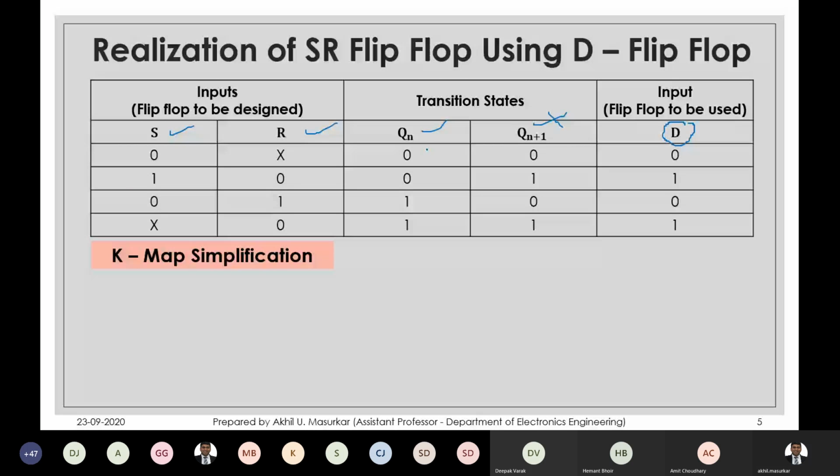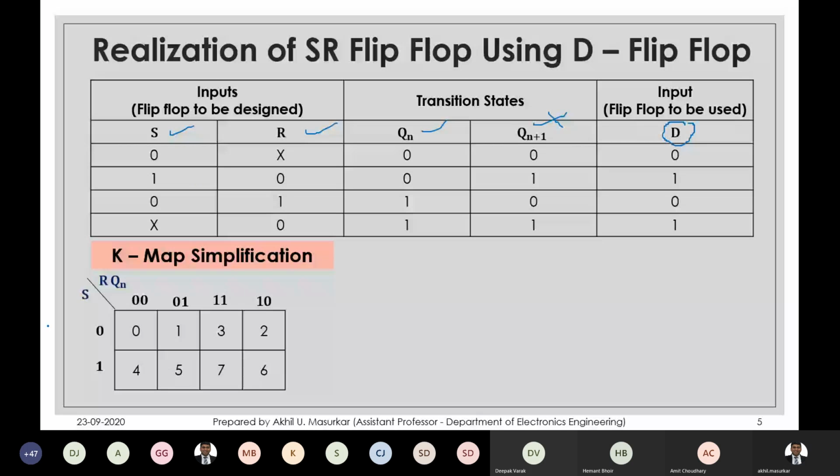Since there are 3 variables, S, R and Qn, I will be writing D in terms of S, R and Qn. So naturally I will have to write here S, R and Qn because I am trying to write D as a function of S, R and Qn.